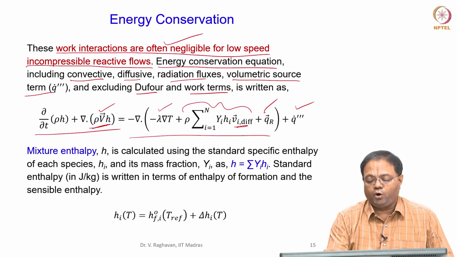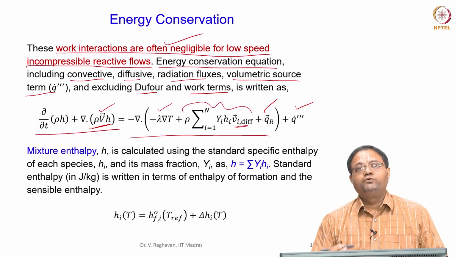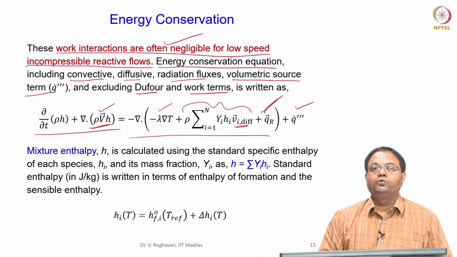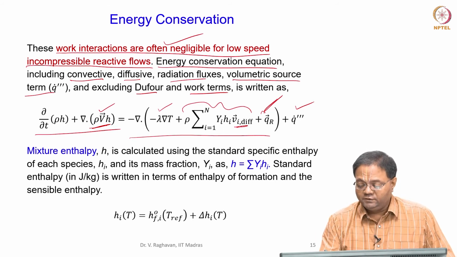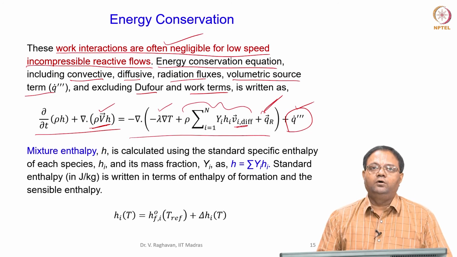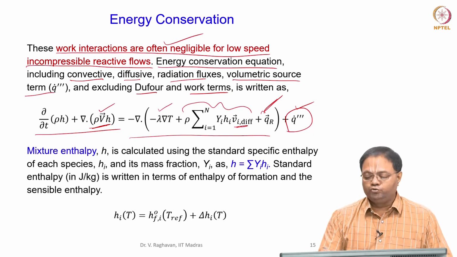That summed up for all the species is the energy transported due to the diffusion of the species, and here the energy transported due to radiation, Q radiation, through the control volume. So I have taken the flux term, and this is the source term. If there is any source, that can be handled here. In some cases it may not be used at all.